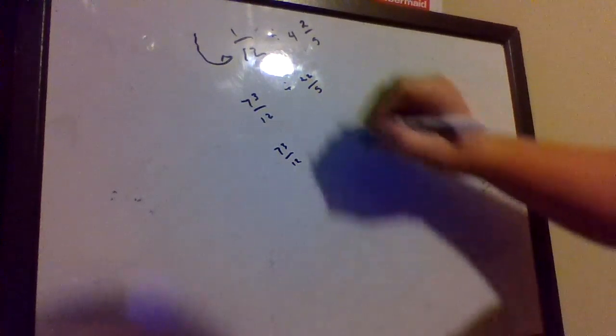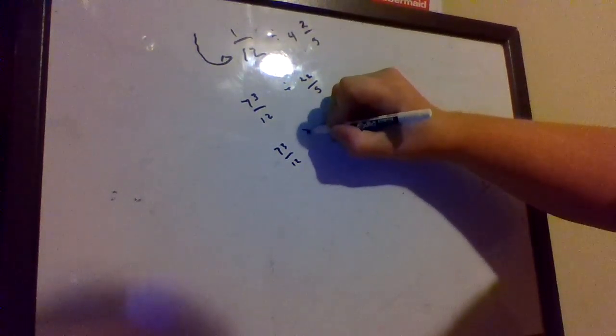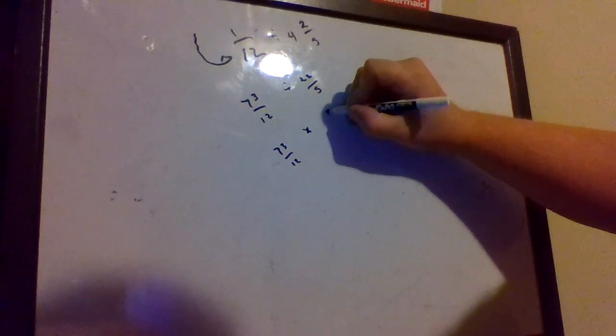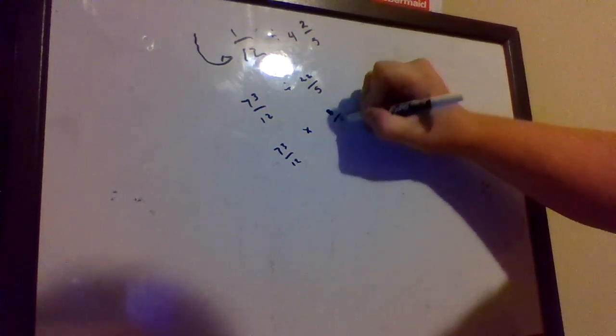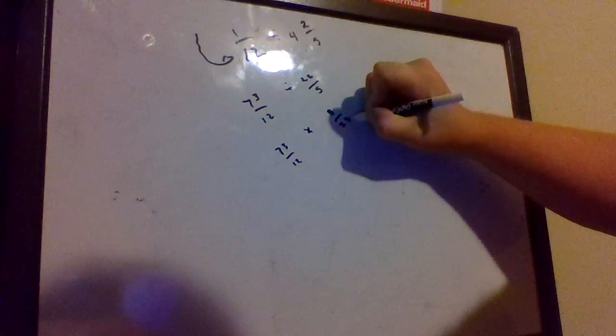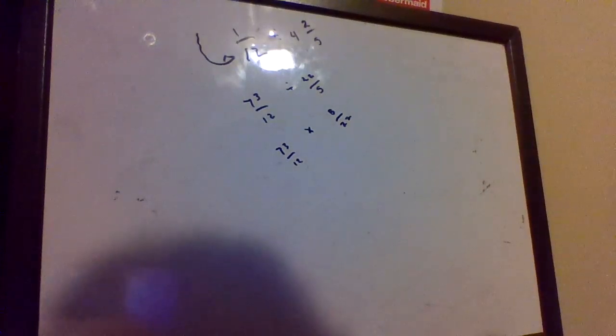Change divided by to multiply. And we flip 22 over 5 to 5 over 22. Why? Because that's the action. Now everybody knows how we divide fractions.